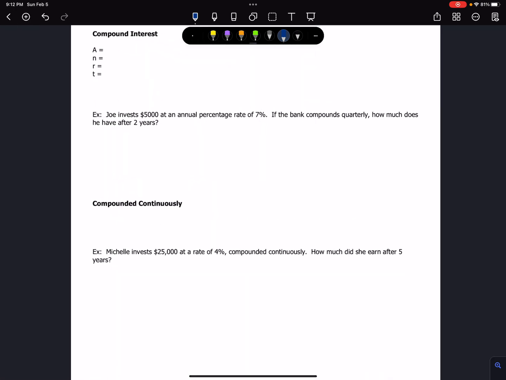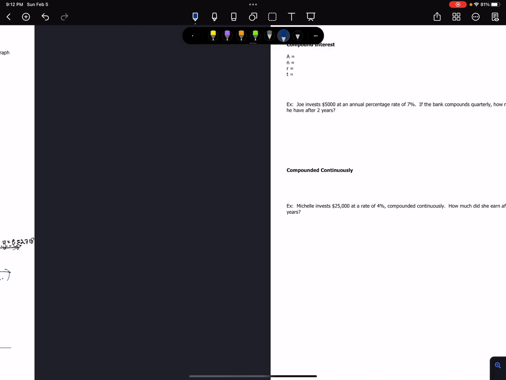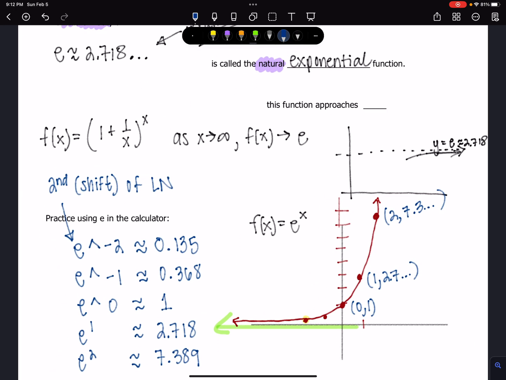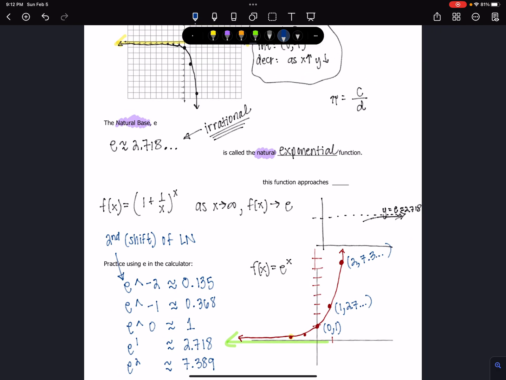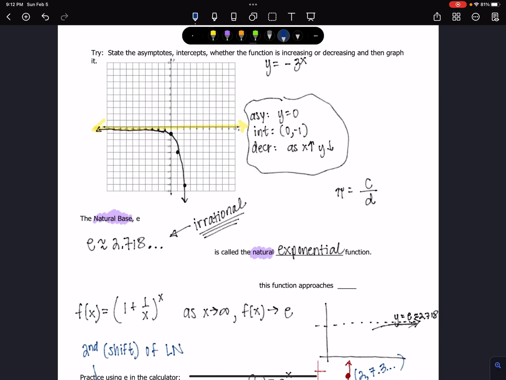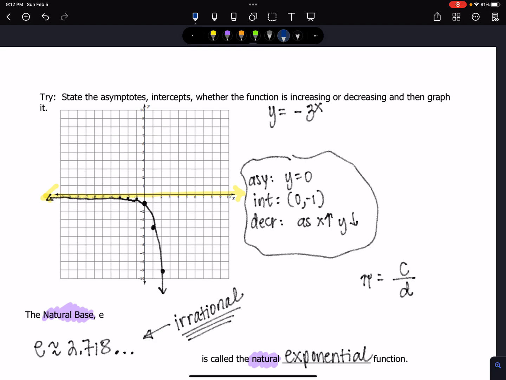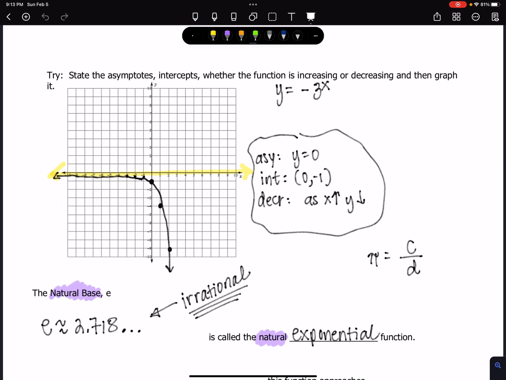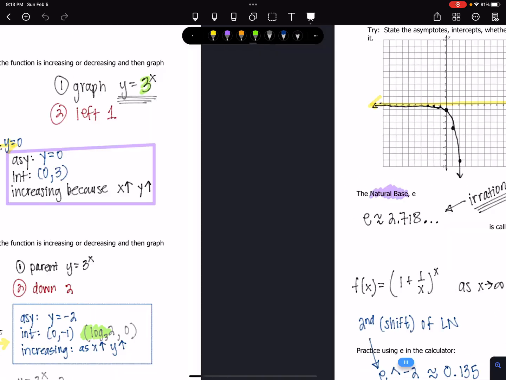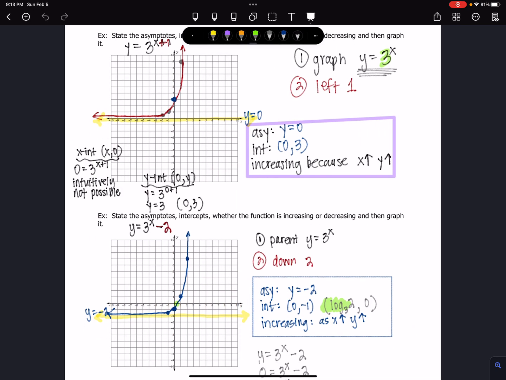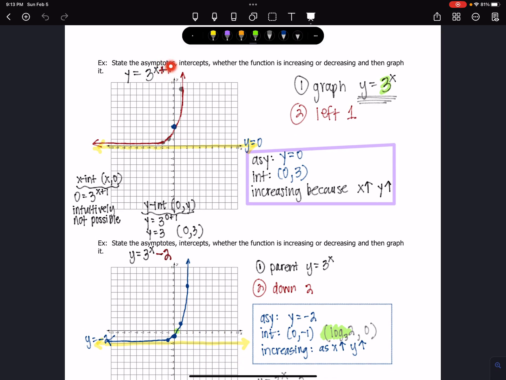So that right there is another parent function that we can transform. We can reflect it over the x-axis, over the y-axis. We can translate it down several units. We can translate it left and right, up.